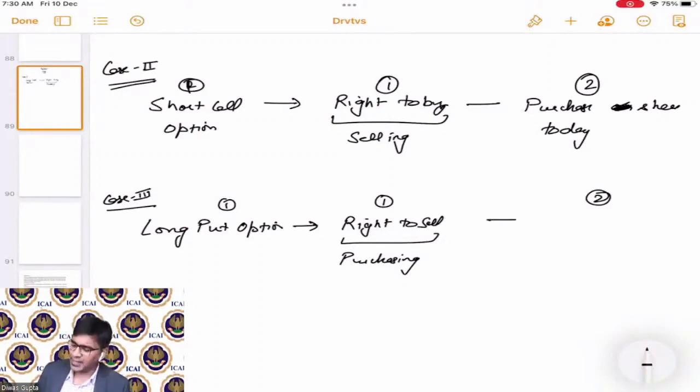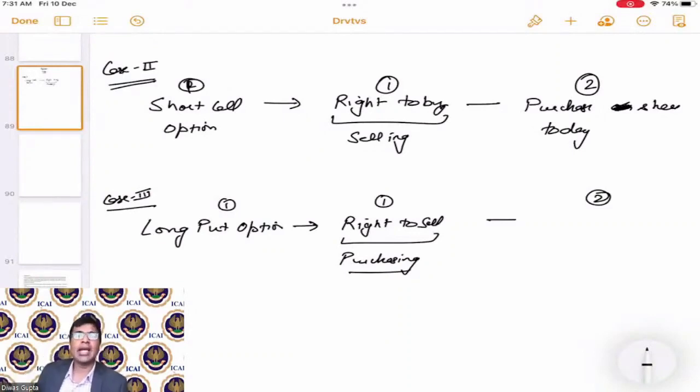That's right, Jitendra. So long put option, what we are going to do is we are purchasing the right to sell. If we have purchased the right to sell, that means on a future date, once we are expected to do the settlement, what do we have to do today? Very good, Naveen, and very good, Harshad.